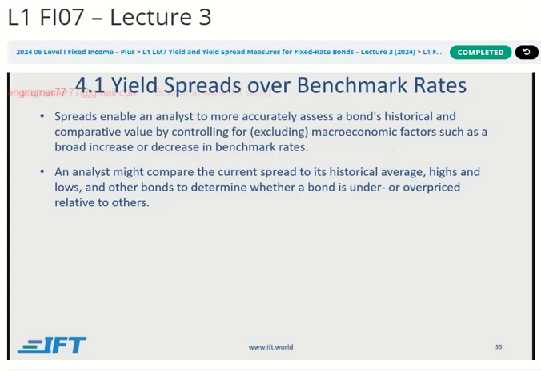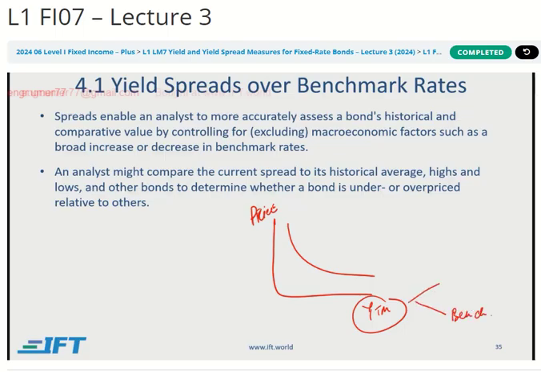And when you're buying a bond, obviously you realize by now that the price of a bond is very sensitive to changes in yield to maturity. But what is that yield to maturity? It has 2 components, as we just talked about. There is that benchmark component, and then there is the spread. Let me go back and emphasize this again.